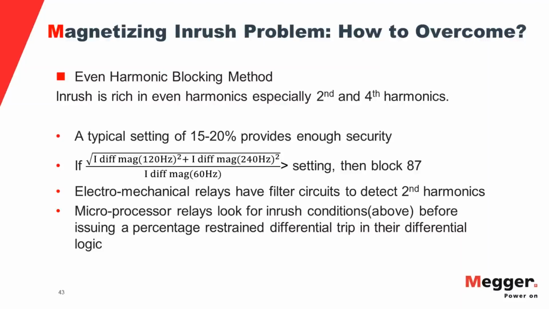What they have is filter circuits. They have filters which detect second harmonics, and if it goes beyond the number, they have a restraint element which gets operated and blocks the 87 from operating. Microprocessor relays, as I mentioned, use these equations and look for these conditions before issuing a percentage restraint differential trip in their logic.